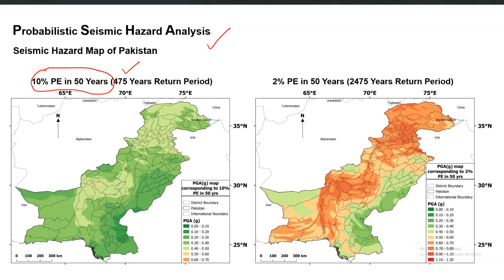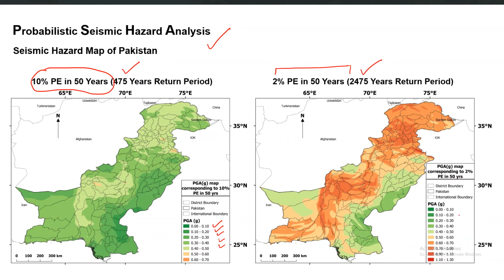The colors at different locations, per the legend, are translated into the PGA value at that location. Keeping the same legend, if I plot the values for 2% probability of exceedance in 50 years, corresponding to a return period of 2475 years, I get this map.